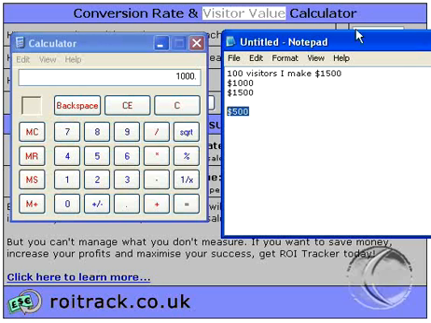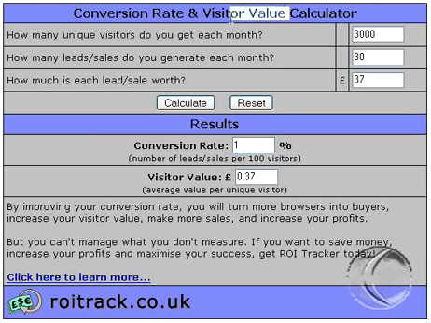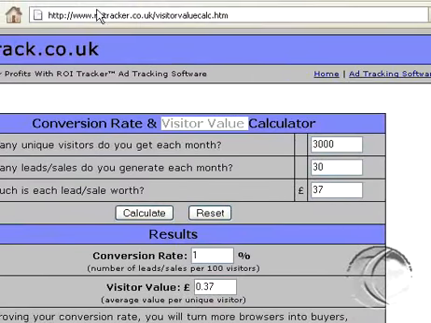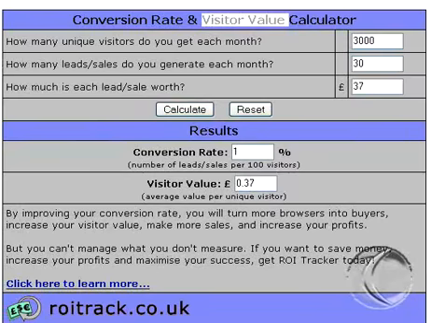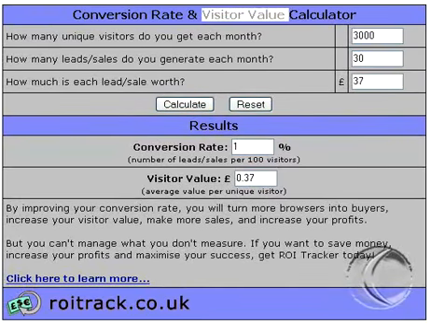And what this all comes down to is a concept called visitor value. I'm here at this website, roitracker.co.uk, and there are other conversion and visitor value calculators online. You could just Google it. I just happened to find this one. In this one, you can calculate your visitor value really easily.